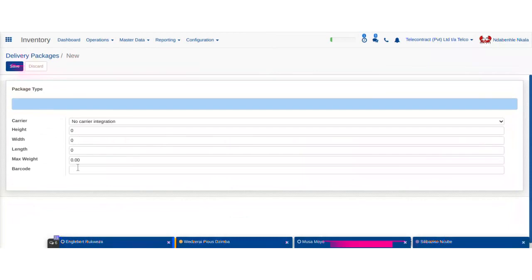This also allows us to specify how many units go into a package. So when you're doing your delivery, you can select the number of units and the suitable packaging for those. But as I said, this has not been a very big part of our use case of Odoo at the moment, but the functionality is there.